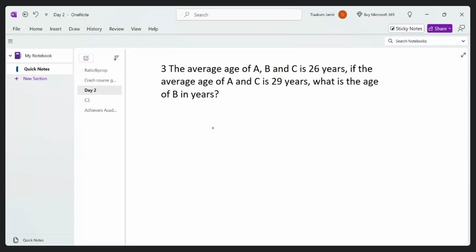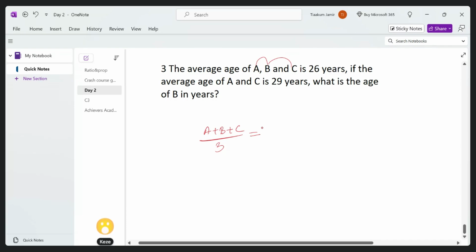So A, B, or C means sum of observation, right? Sum of observation means A plus B plus C divided by total number of observations. Do we have 3 people here? Yes, 3, and it is equal to the average. Yes, we're just following the definition.